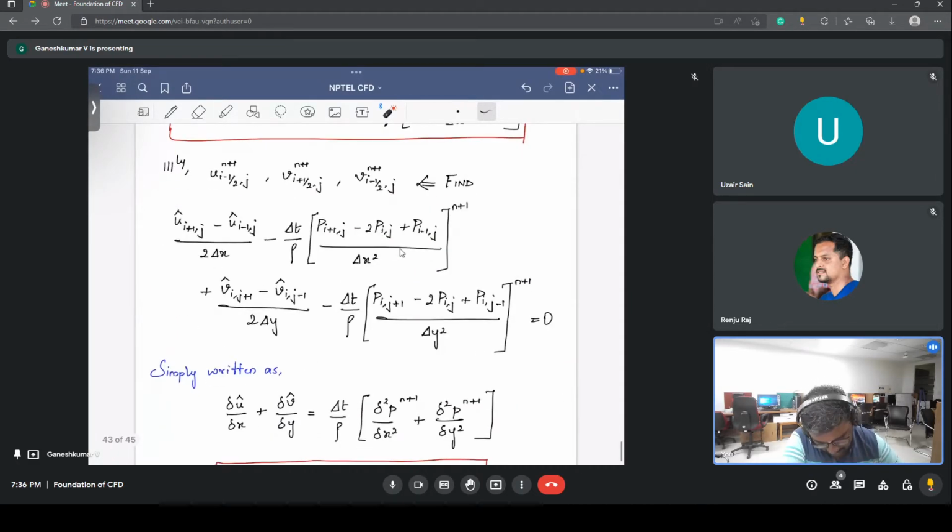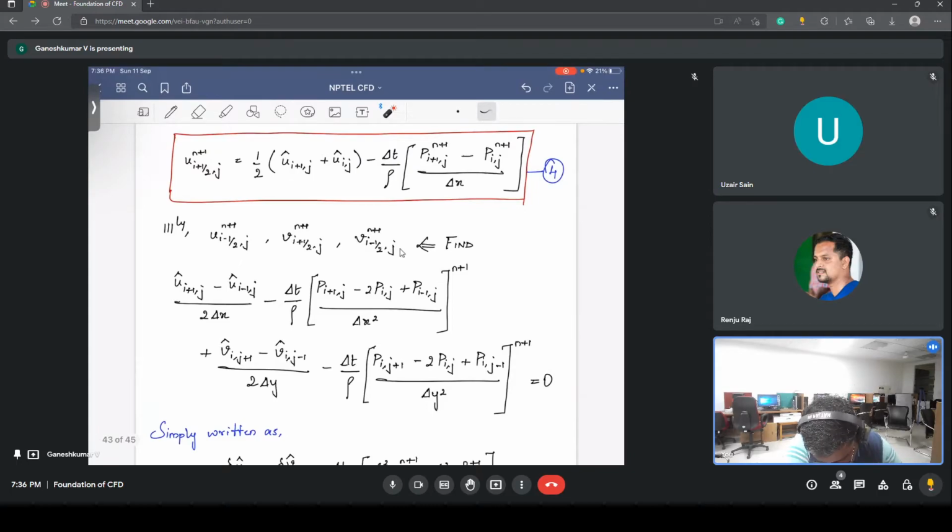If you look at this equation carefully, this is the predicted velocity at i plus half, this is also the predicted velocity at i minus half, divided by 2 delta x, right? And this is delta t times p at i+1 j, i-1 j, i j+1, i j-1. You see, now you are finding the pressure.